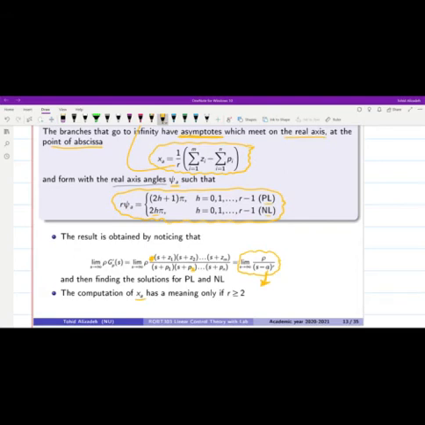And obviously, if we want to find out xa, this will make sense only if we have r bigger than or equal to 2. Because if r is equal to 1, this would mean that we have only one asymptote. And when we have only one asymptote, that asymptote will lie on the real axis.